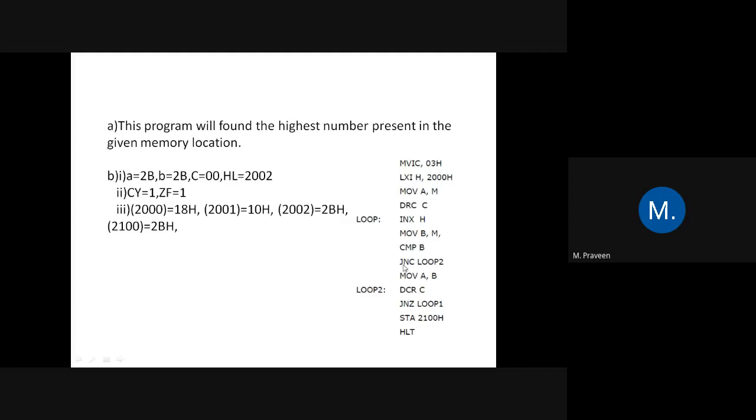Then we have to compare the A value with B. While comparing, if the A value is greater and the B value is smaller, then the condition will be true. After CMP B, we have the condition JNC, jump no carry. If there is no carry, then the program will be transferred to that address.